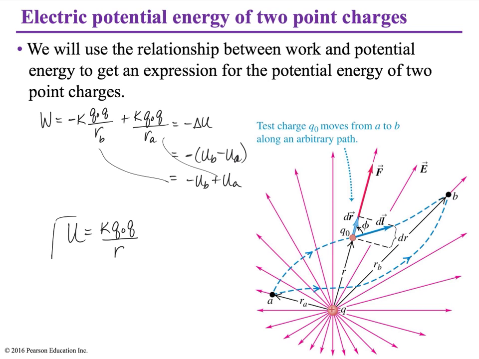And so this is the expression that we get for the potential energy of two point charges that are interacting, separated by a distance of r. Don't forget that k is equal to 1 over 4 pi epsilon naught, so sometimes we might see this written a little bit differently.